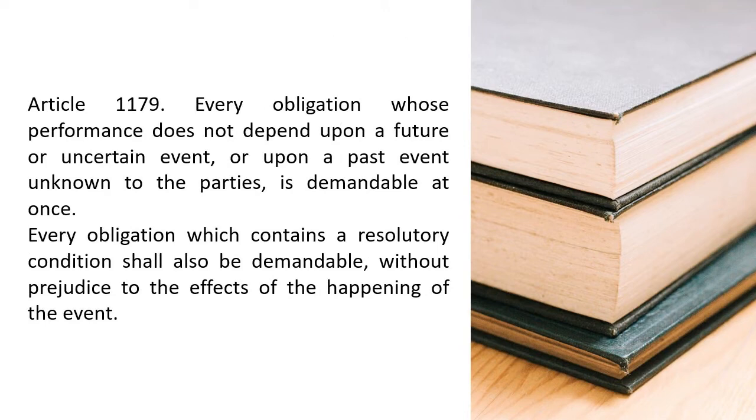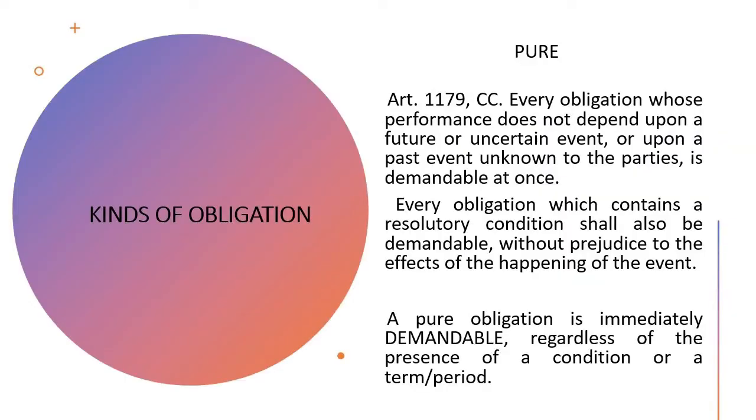Article 1179. Every obligation whose performance does not depend upon a future or uncertain event, or upon a past event unknown to the parties, is demandable at once. Every obligation which contains a resolutory condition shall also be demandable, without prejudice to the effects of the happening of that event. There are two kinds of obligations.